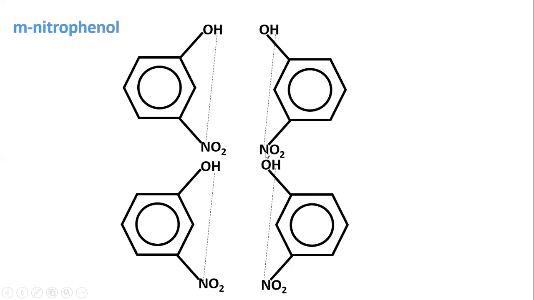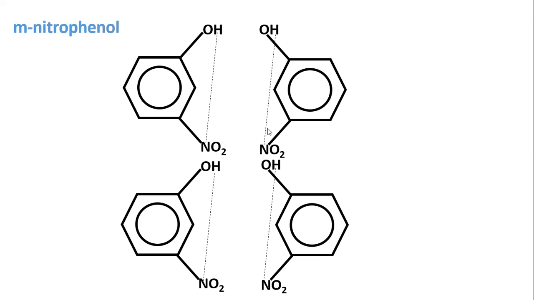And why is it so? Here it looks like these two are closer, but in the entire compound there are lots of molecules, and that is why these will love intramolecular hydrogen bonding over intermolecular hydrogen bonding. That is the reason why these will be contained in themselves rather than interacting with each other.